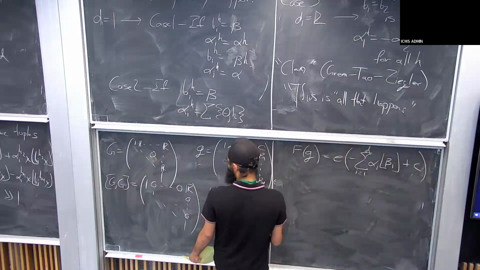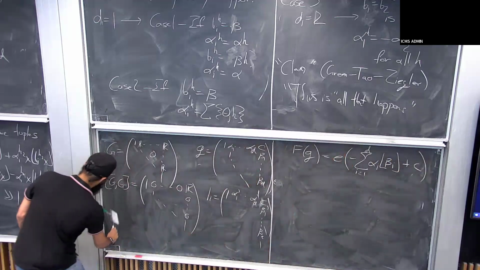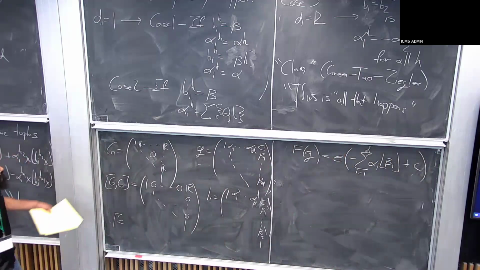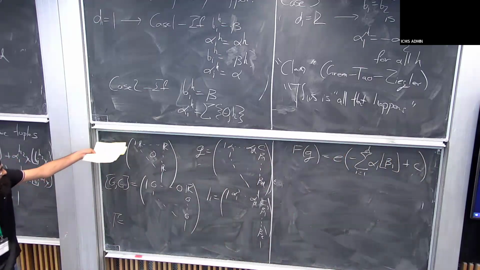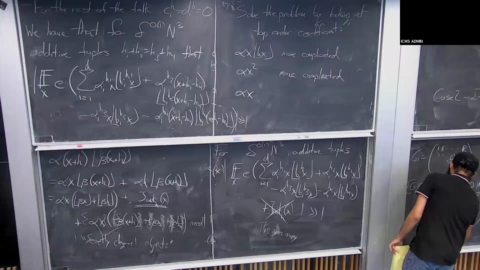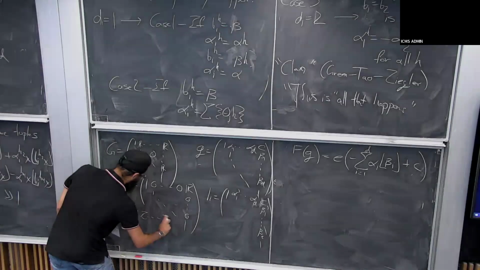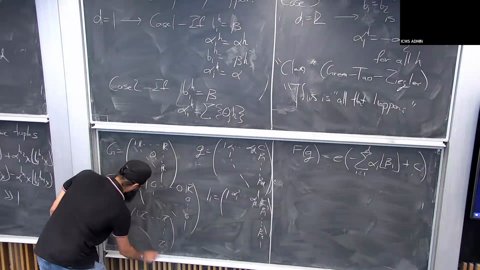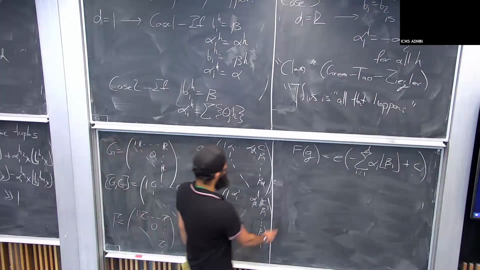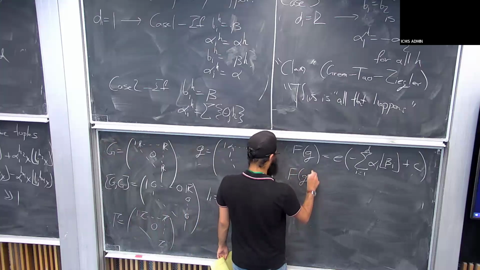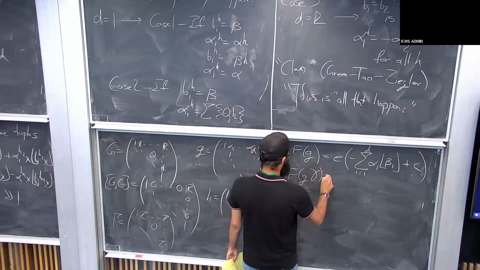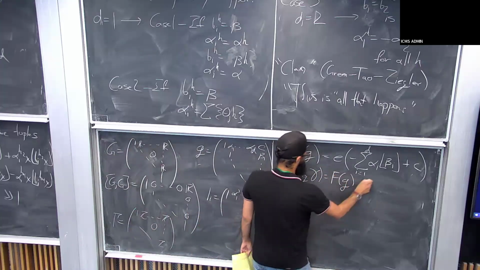But I also need the lattice here. I need a discrete group inside of this. The discrete group is you just replace every copy of R you saw with a copy of Z. It turns out that f of g gamma equals f of g for gamma in Gamma.